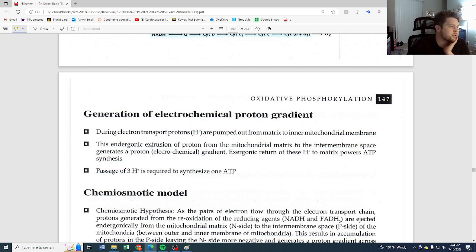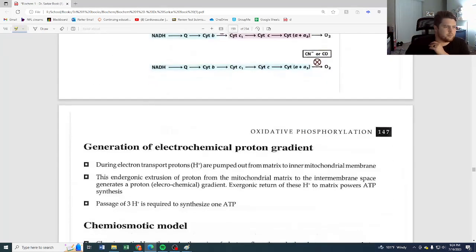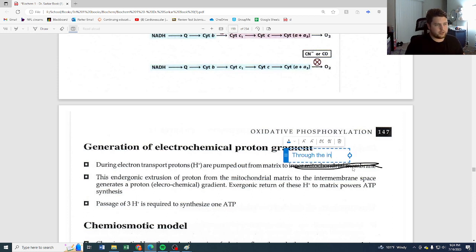So during electron transport, protons, those hydrogens, are pumped out from the matrix through the inner mitochondrial membrane into the intermembrane space.